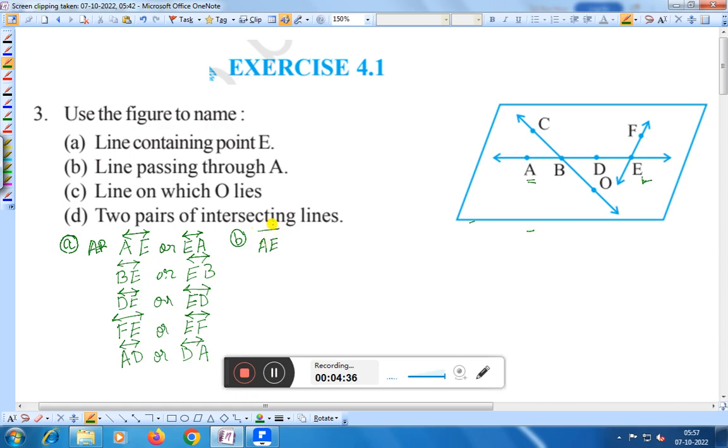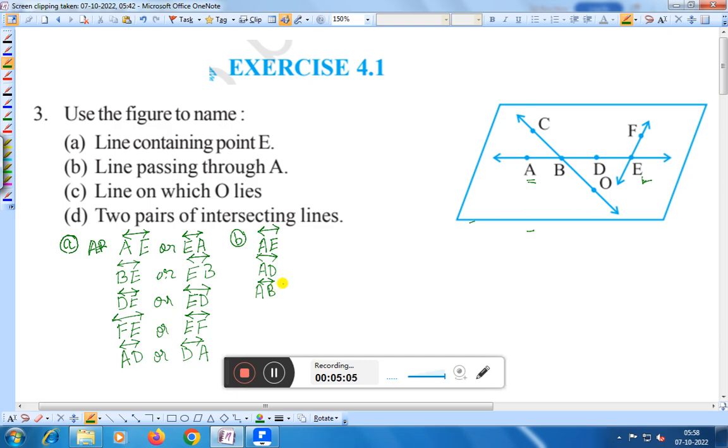It represents a line, that means you have to give arrows on both sides. AE, then AD, then AB. You can write line AB or BA, same thing, right?